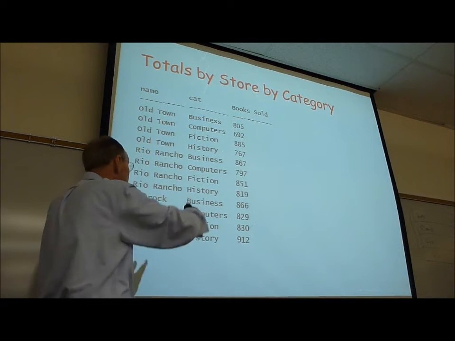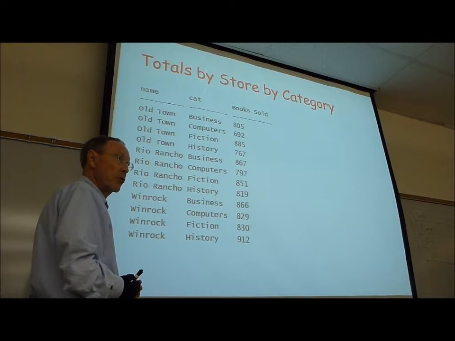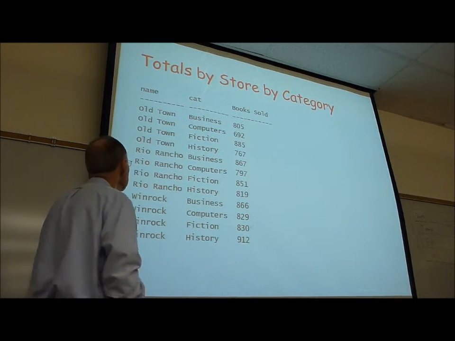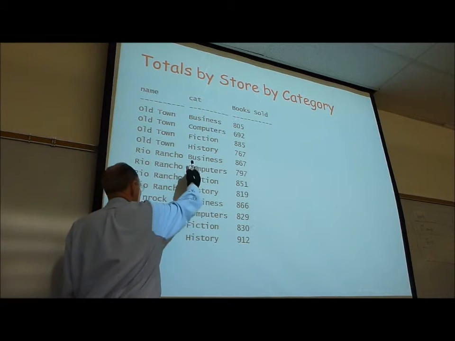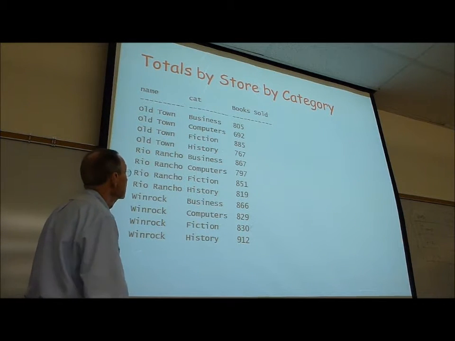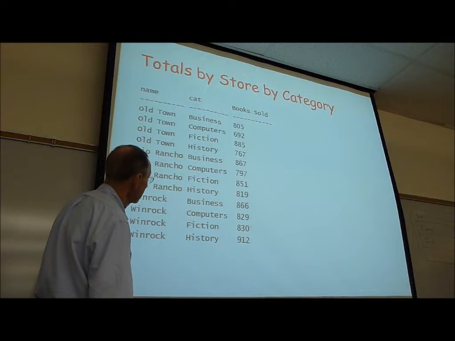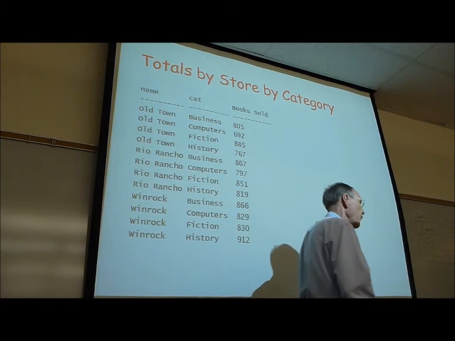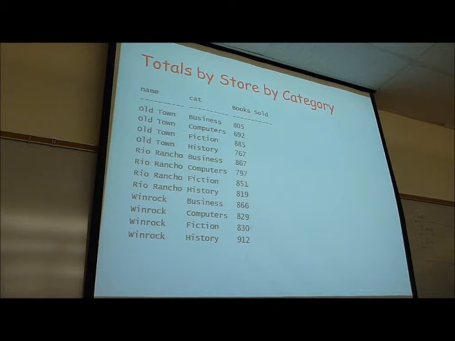I didn't have to do that ordering. The group by did that for me. Okay. And then the Rio Rancho, same thing. And then the Windrock. So you can see the generator is doing a pretty good job of giving me a uniform distribution, even over a small sample set. 5,000 is a small sample set.